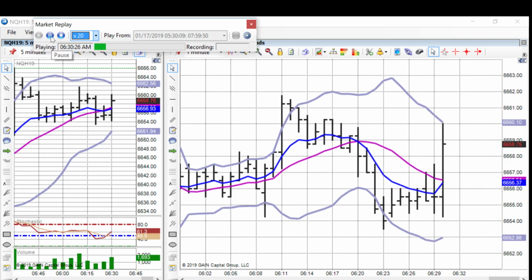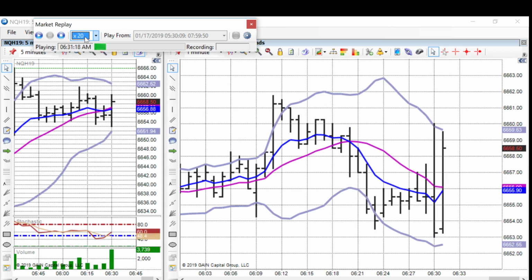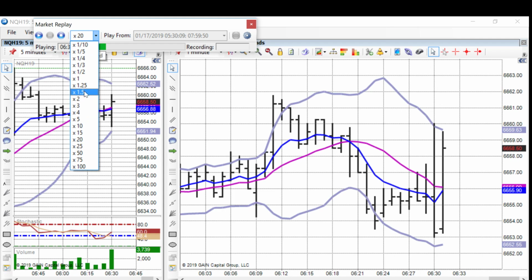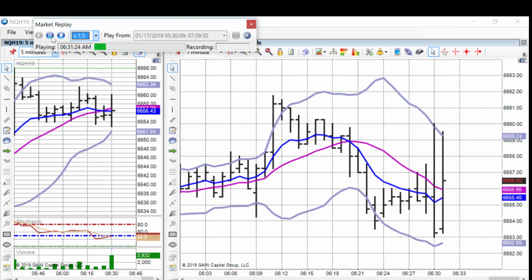So this would be the opening market. Just for a second, I'll show you normal speed would be around here. But for the purpose of the illustration, I'll speed it up to 20 times.